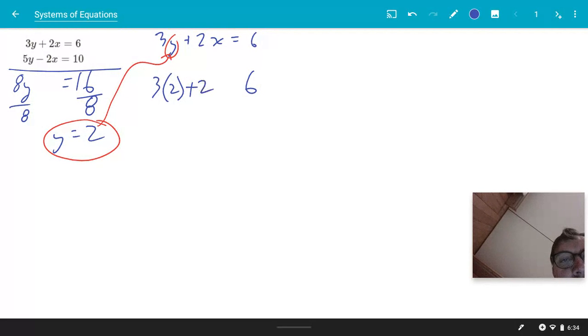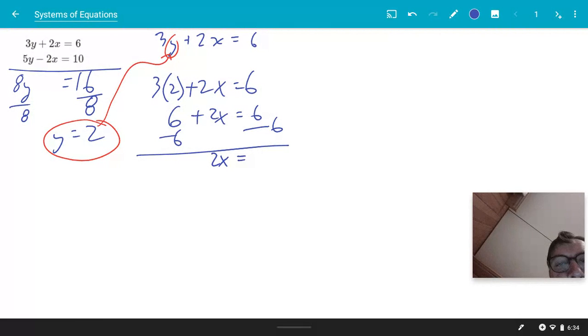So 6 plus 2x is 6. So x is 0. So the solution to this is (0, 2).